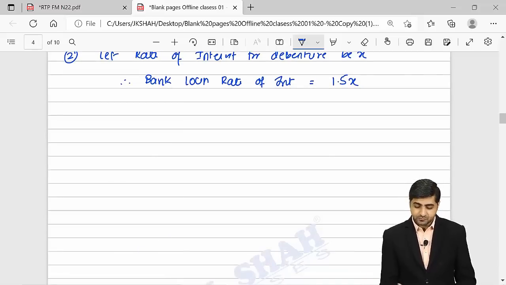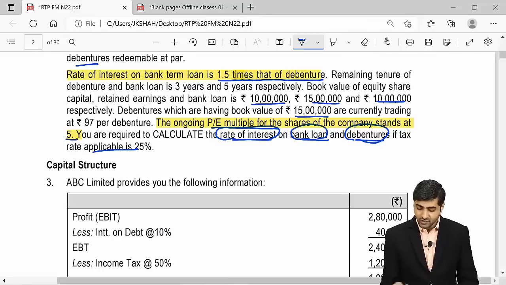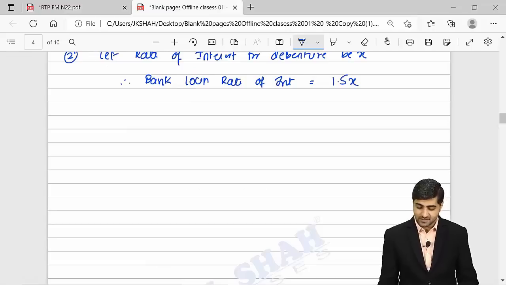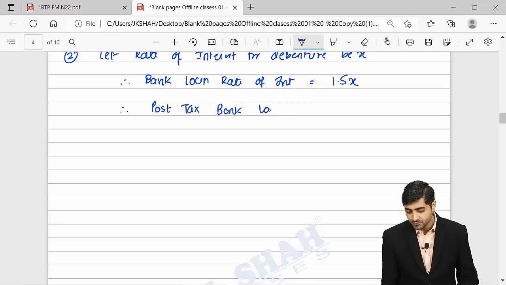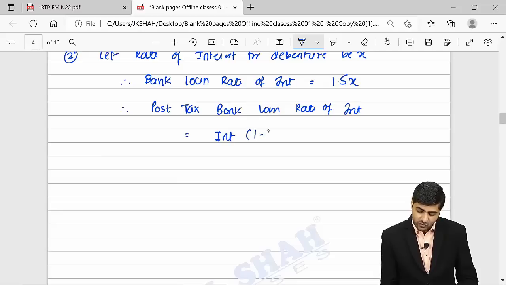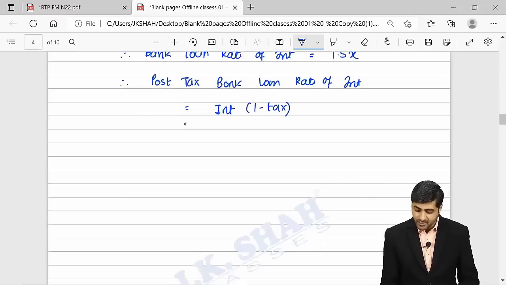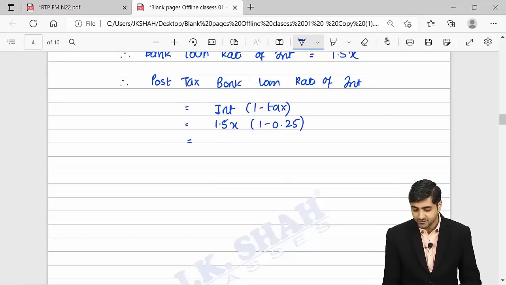So guys, if I want to calculate now post tax rate, the applicable rate is given to you as 25%. Therefore, post tax bank loan rate of interest will be interest into 1 minus tax, and as you all are aware, interest is 1.5x and the rate of tax is 25%.